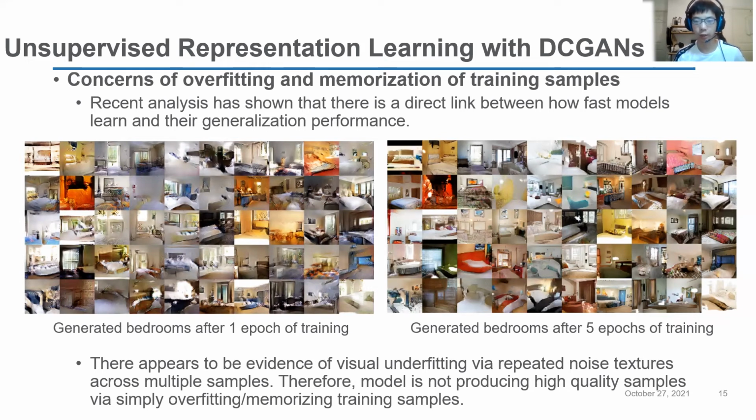To clarify that their DCGAN doesn't have this problem, they show the images of bedrooms generated by the generator after 1 epoch of training and after 5 epochs of training. There appears to be evidence of visual underfitting because there are repeated noise textures across multiple samples. Therefore, the model is not producing high quality samples via simply overfitting the training data.